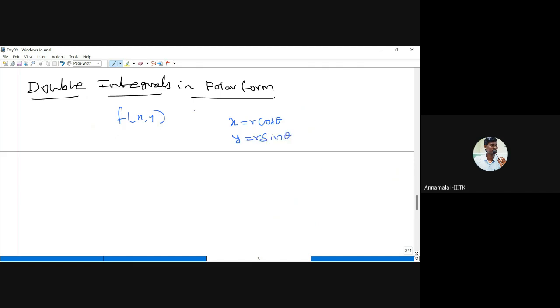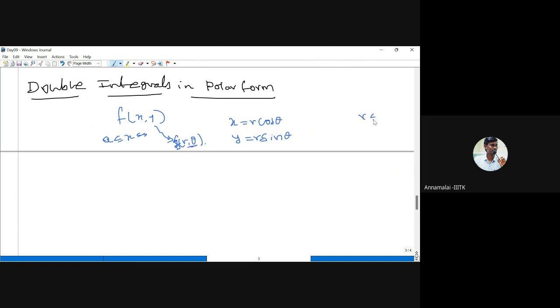So the given function converts into a new function, a function of r and theta, or you can take f of r comma theta. It's not an issue. And then we have an integral. Similarly, the limits will also change. Suppose the limits for x are some a to b, and y has some limit. Then here we have limits for r and theta.